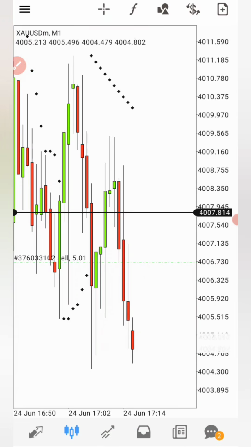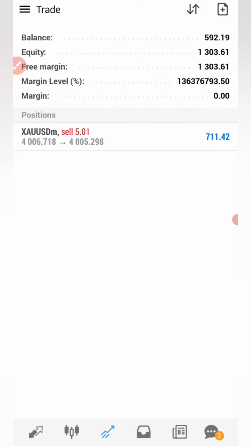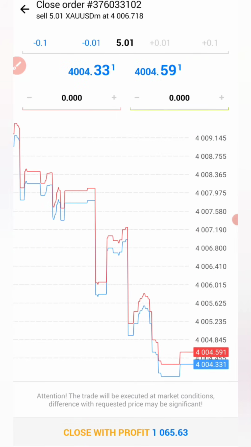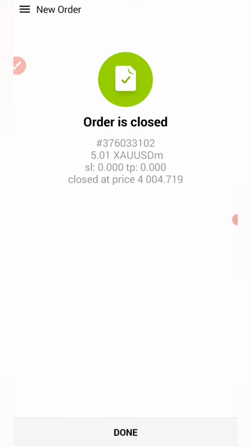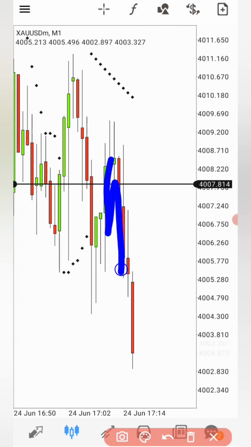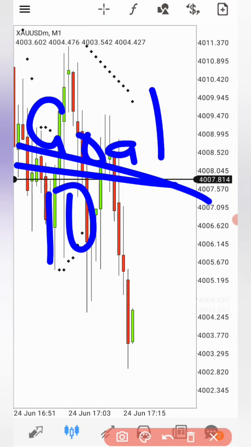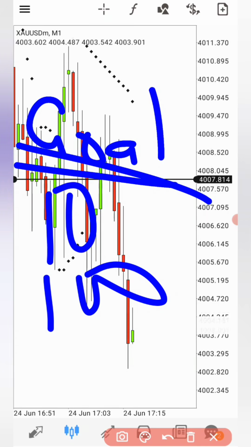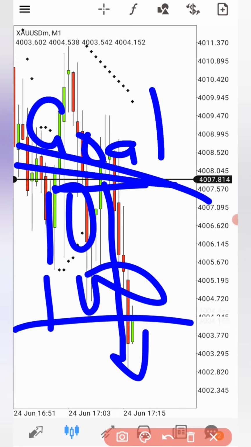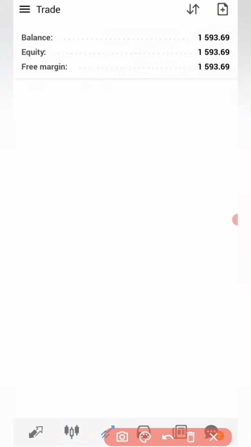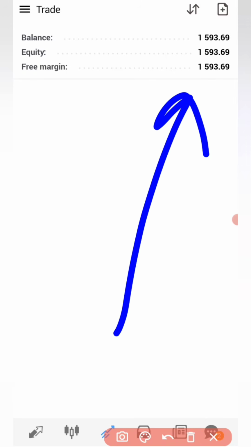This is what you can also do when you're trading with a small forex account. Once in a trade, you can even hold the trade until you make over $1,000 in profit, just like this. So you don't always need to enter and exit like what I'm doing. What you can do is set a goal that you want to achieve. It can be $10, $100, and once you enter a trade right here and you see that gold is moving nicely towards your goal and you hit that goal, you can close the profit and call it a day.